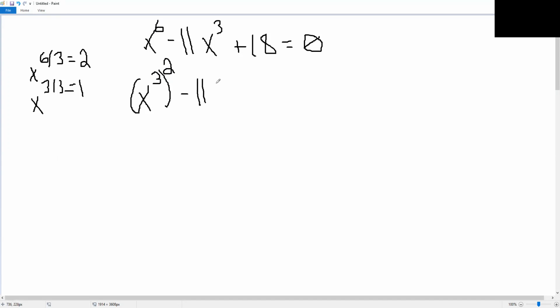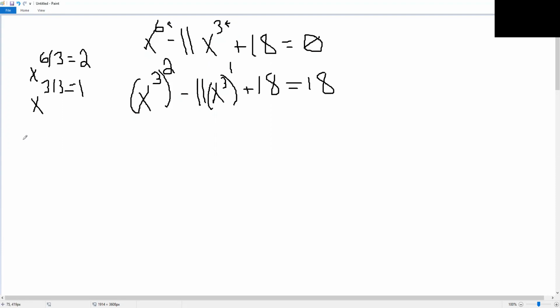Minus 11x cubed to the 1 power. So 3 times 1 is 3, just like this 3 here. So 3 times 2 is 6, just like this. And then we'll just write our constant down.